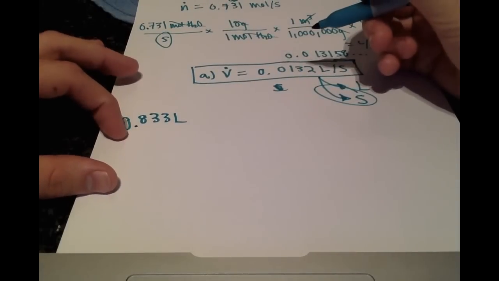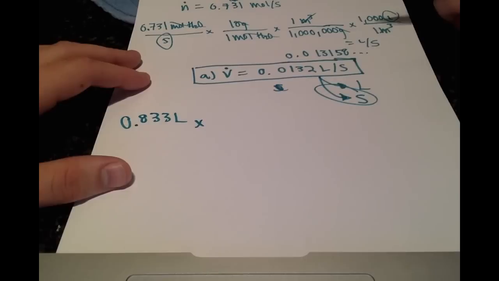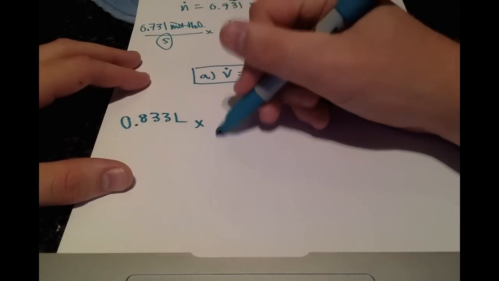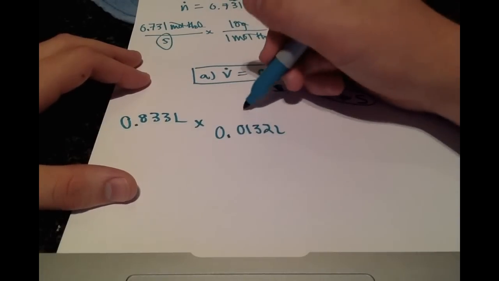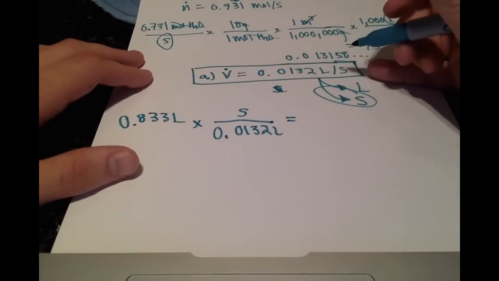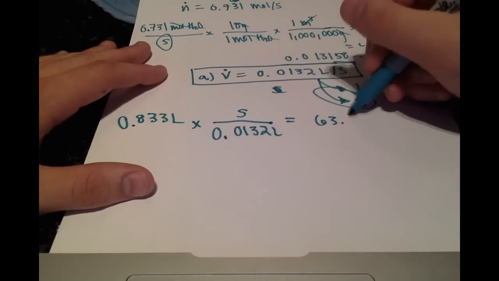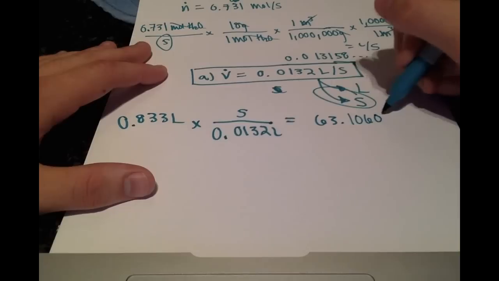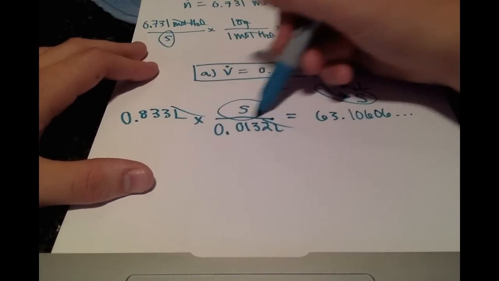That's the amount of water, the volume coming out of the water fountain. And we have our conversion that we just found in part A, 0.0132 liters are coming out of the fountain every second. So doing that calculation, we get 63.10606 continued, and we see that we have our units in seconds.